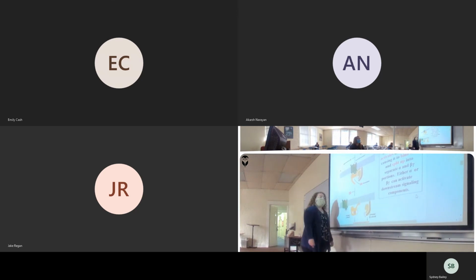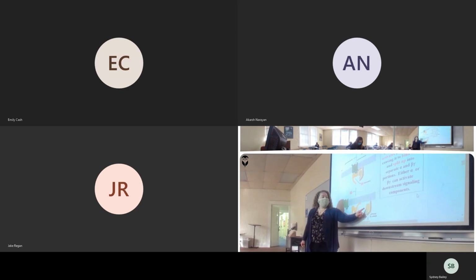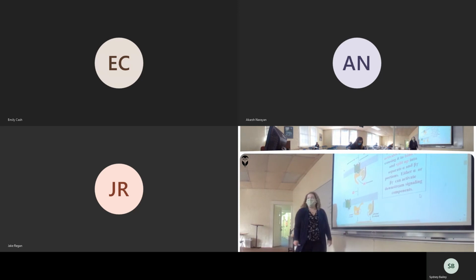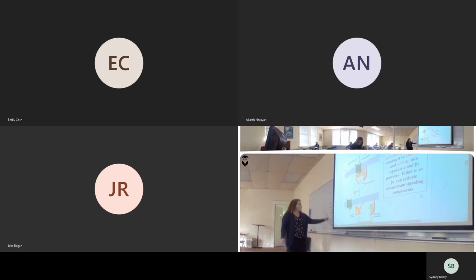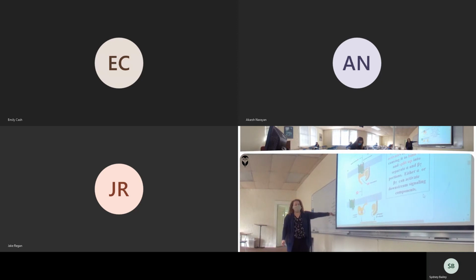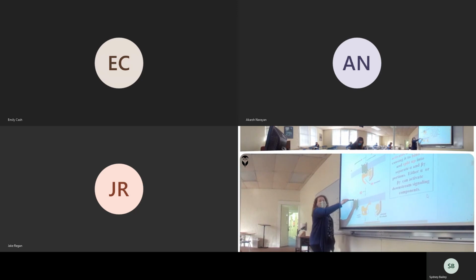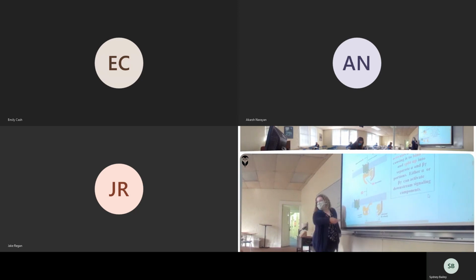And when it's open, active, or on, alpha by itself or beta gamma together can then send the signal to the next intermediate signaler down the line. Sometimes it's alpha, sometimes it's beta gamma. It depends on what kind of signal came in here and what else is in the cell.